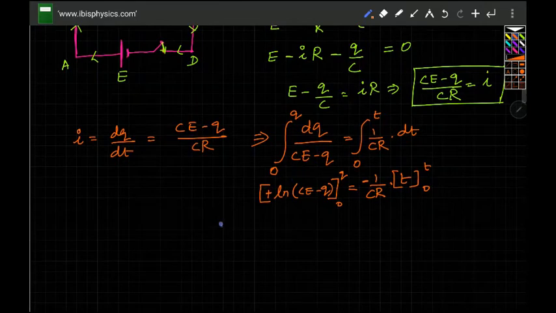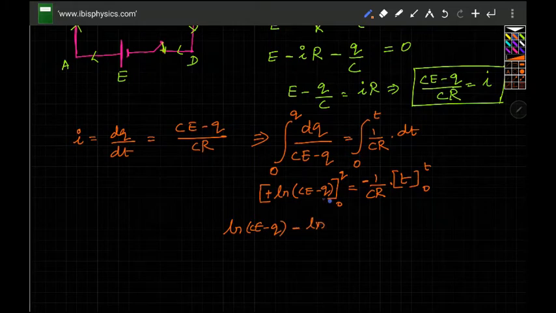The upper limit gives the natural logarithm of (CE minus q), minus the natural logarithm at the lower limit, where substituting 0 for q gives CE. This is equal to upper limit minus lower limit, that is t minus 0.